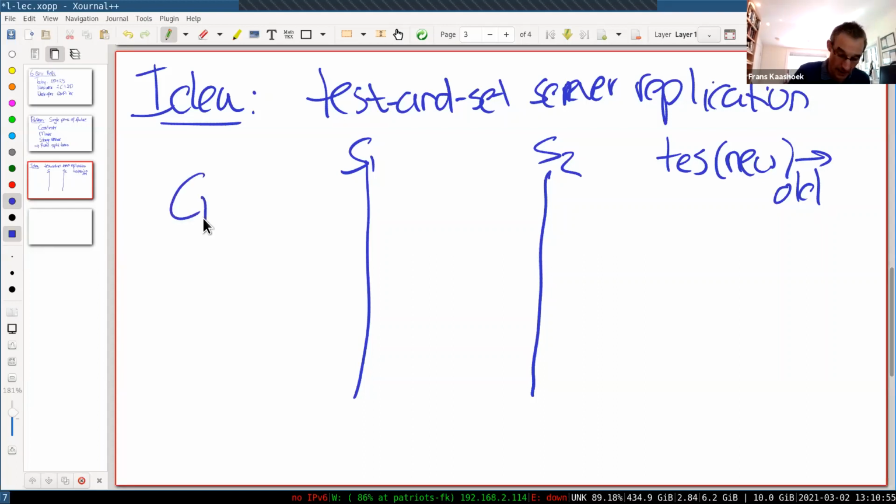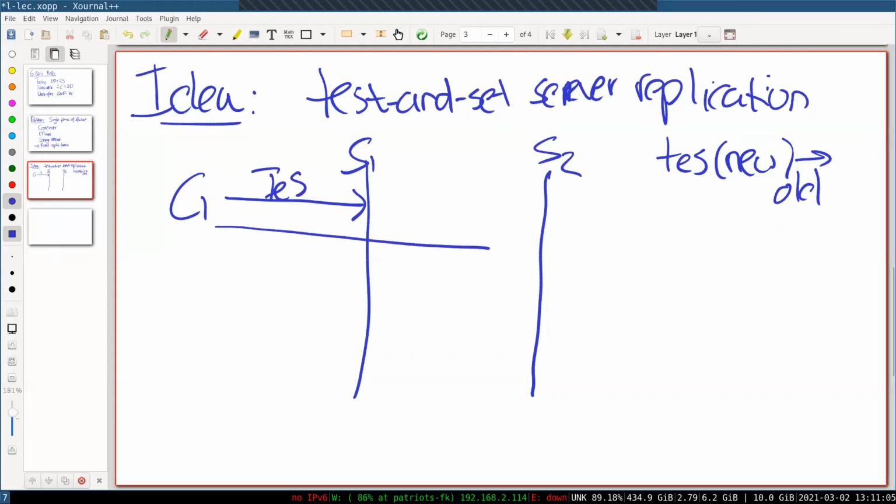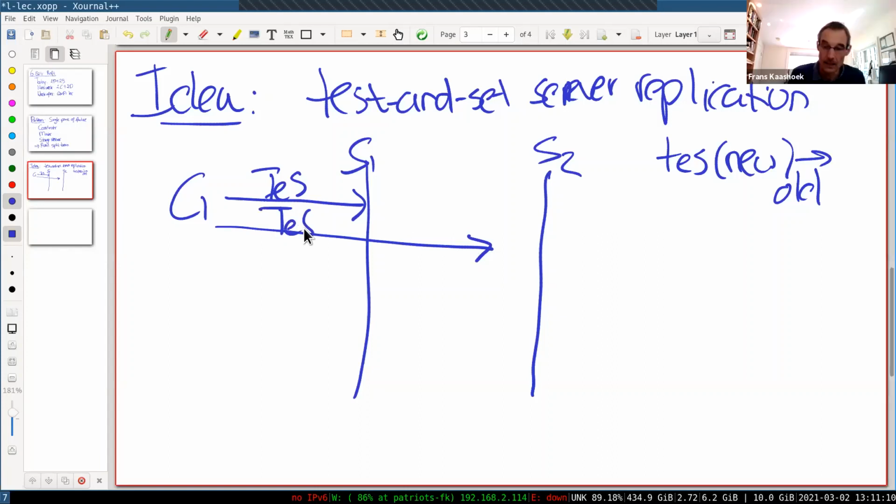We have a client that calls test and set, and communicates with the first server, and then communicates with the second server. And actually it doesn't get a response from the second server. So there's two cases now, right? If S2 doesn't respond, there are two possible reasons why that could be the case. One case could be S2 didn't respond because S2 failed.